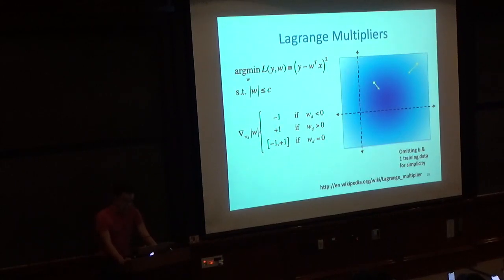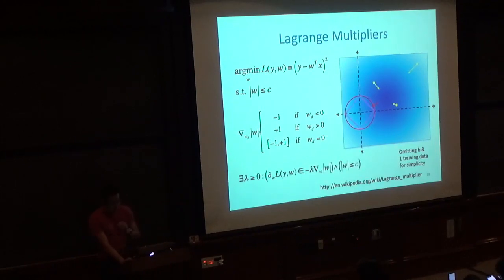So this is the picture we had before when we're constraining the model class. For squared L2, the shape of the model class boundary is a sphere. For L1, the shape of the function class boundary is not a sphere.